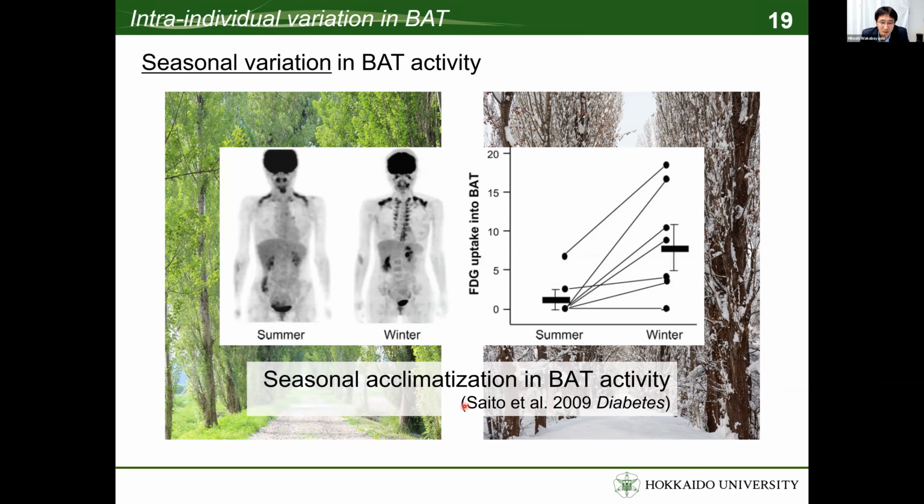Professor Saito in 2009 already reported the seasonal variation in the brown adipose tissue activity. So it is higher in winter compared to the summer. So there could be seasonal acclimatization in human BAT activity.